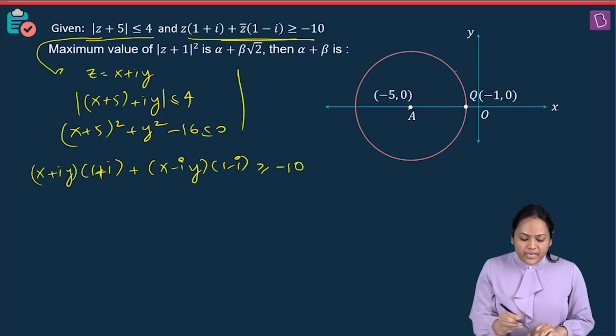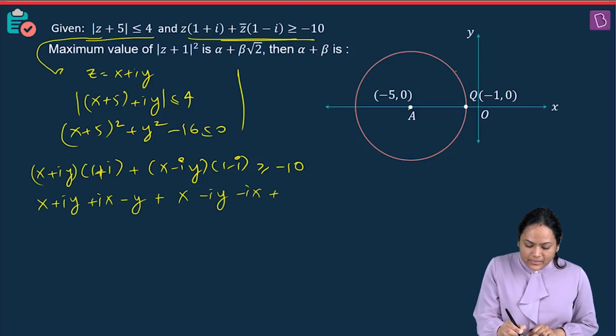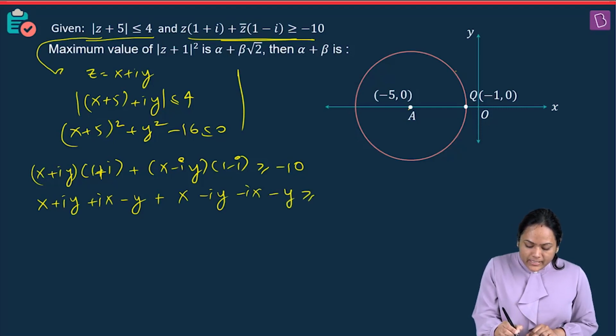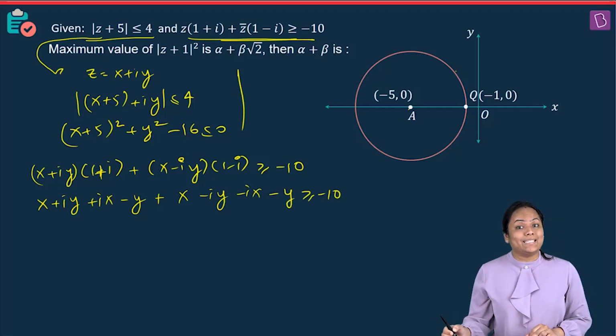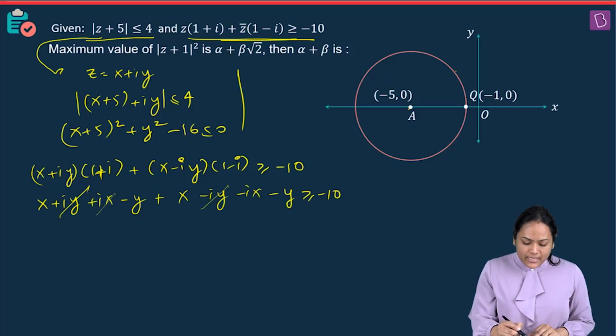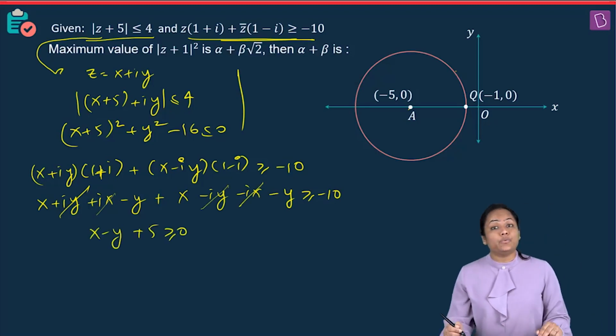When I simplify, it becomes x plus iota y plus iota x minus y, then x minus iota y minus iota x minus y, is greater than or equal to minus 10, right? So what is the region? Well, the iota x and iota y terms got cancelled out, and finally I have x minus y plus 5 greater than or equal to 0.